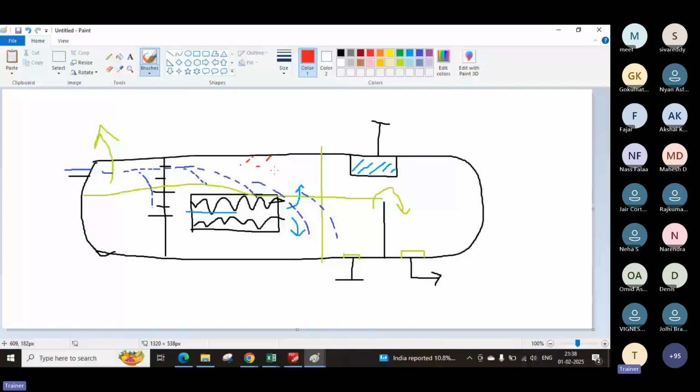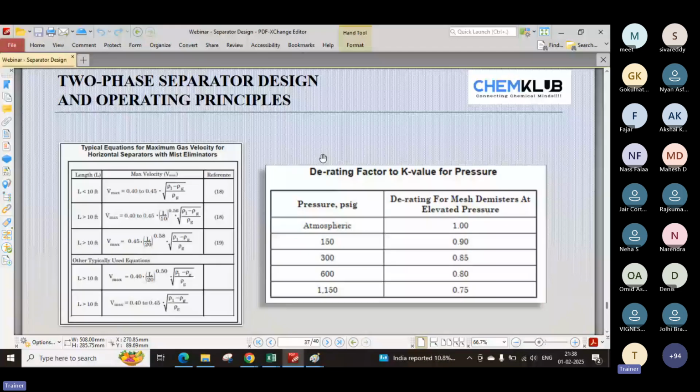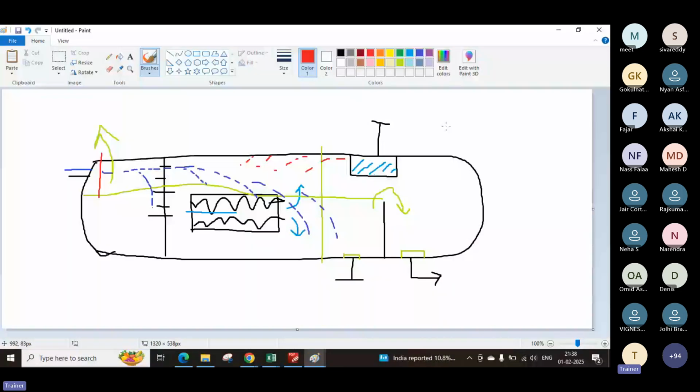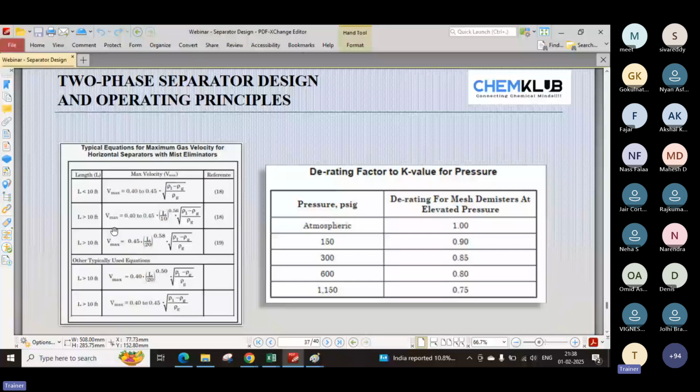So this length, the length from tan line to tan line, takes this effect into consideration, and that will give you the maximum velocity you can consider, like what we are considering as VT, terminal velocity, and it considers the effect of length in the equations.